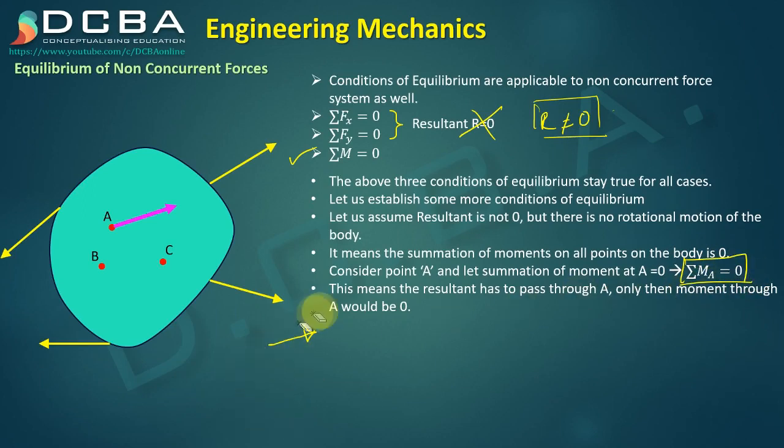So we cannot have such a thing. Therefore compulsorily my resultant has to pass through point A, that is, it should not make any distance with respect to point A.